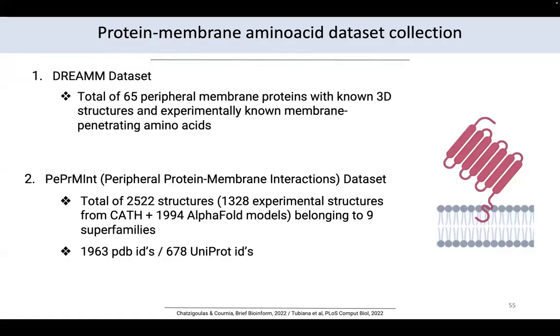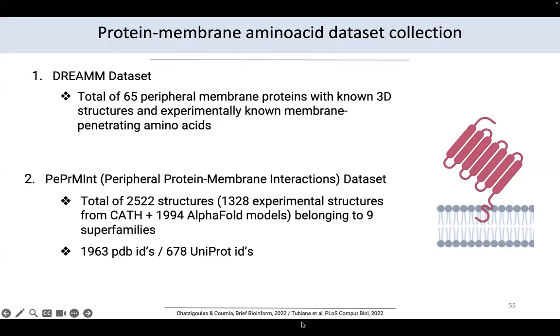It's still a classification, but deep learning needs thousands, if not millions, of data points. And we couldn't do it with the original DREAM dataset, which in the meantime increased a little from 54 to 65 proteins, but still was very small.